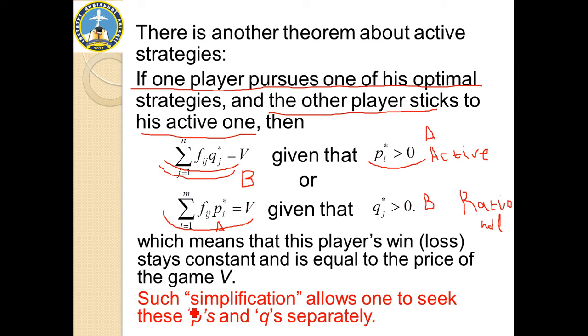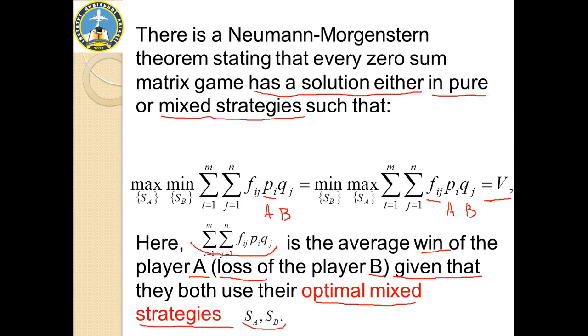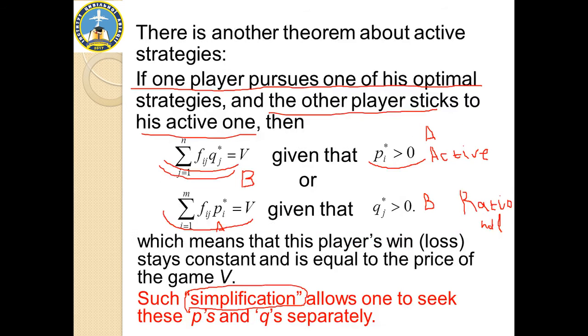Such simplification consists in replacing the double summation by a single sum. It allows us to seek the shares of strategies for one and the other player separately. We can find these shares, P's and Q's, separately.